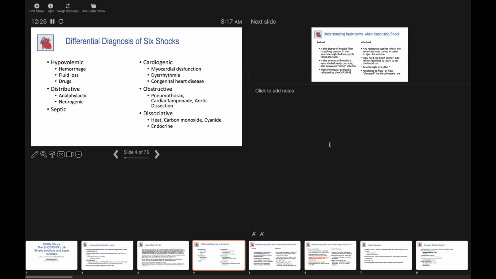The valves are stenotic or regurgitant. There's dysrhythmia, or there's myocardial infarct or heart failure. You're not able to have normal myocardial performance after evaluating volume, after evaluating vasodilation, you still have failure of the heart. Does that make sense?